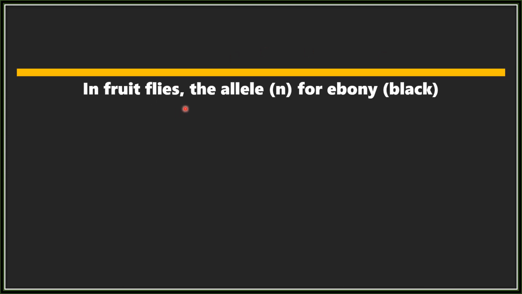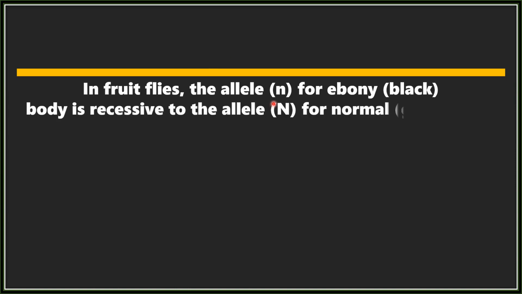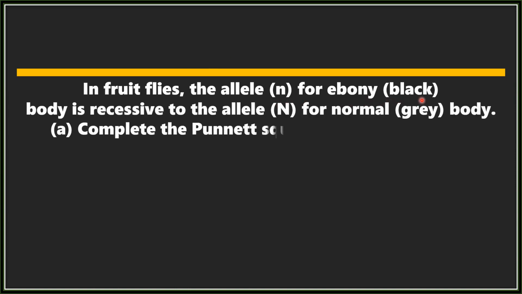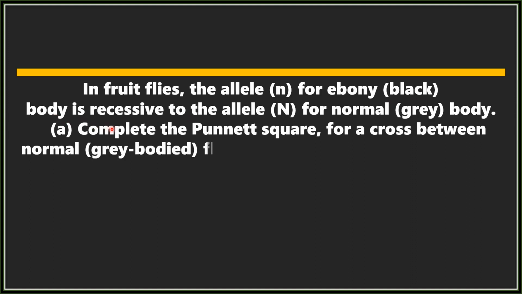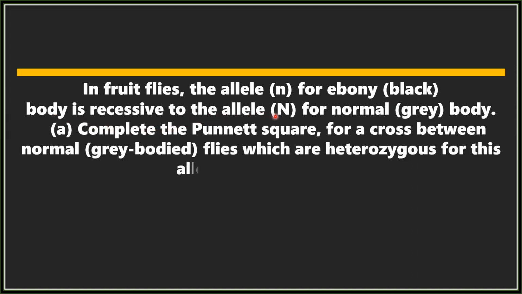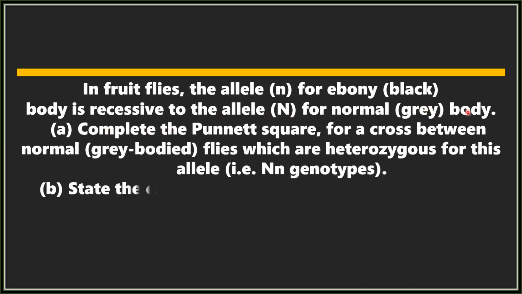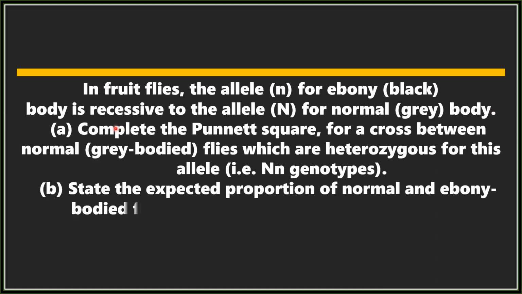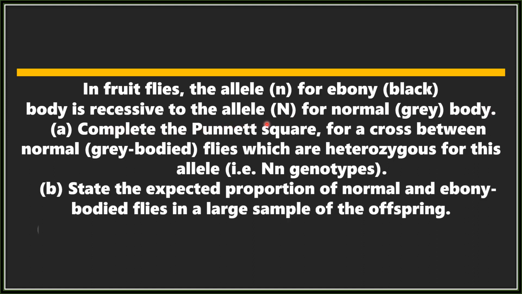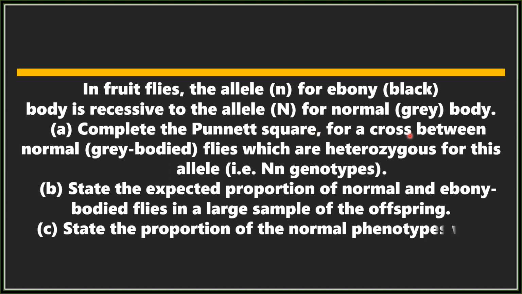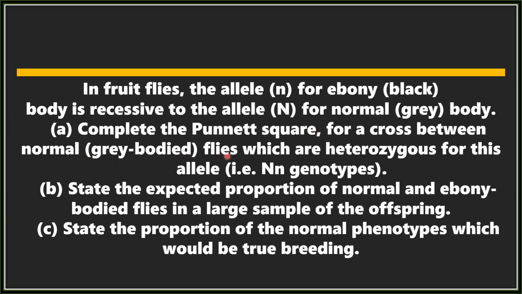In fruit flies, the allele n for ebony black body is recessive to allele N for normal gray body. A. Complete the Punnett square for a cross between normal gray-bodied flies which are heterozygous for this allele, capital N, small n genotypes.